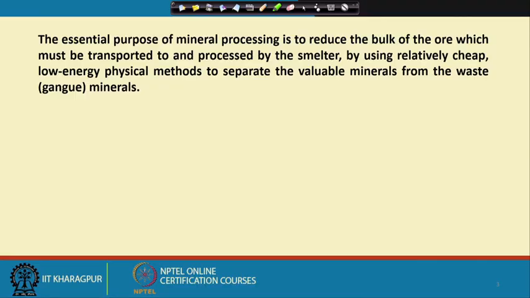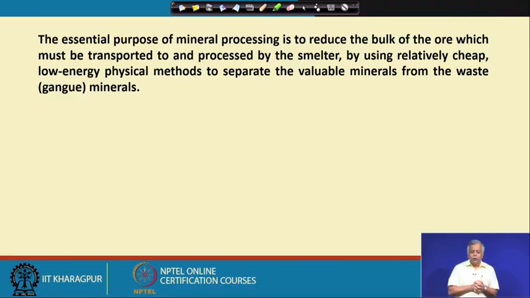So one of the essential purposes of mineral processing is to reduce the bulk of the ore which must be transported to and processed by the smelter. What does it mean? If my copper ore which I have mined has 1% copper, that means you have got 99% unwanted materials.